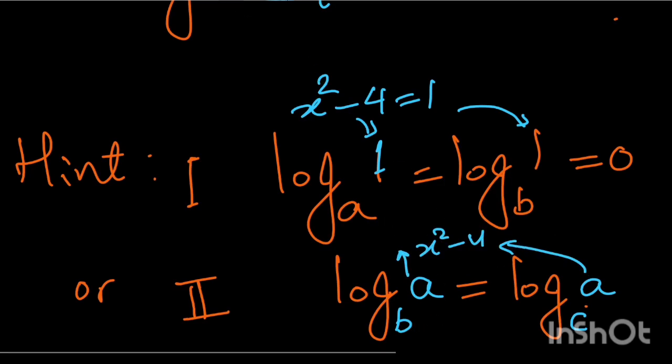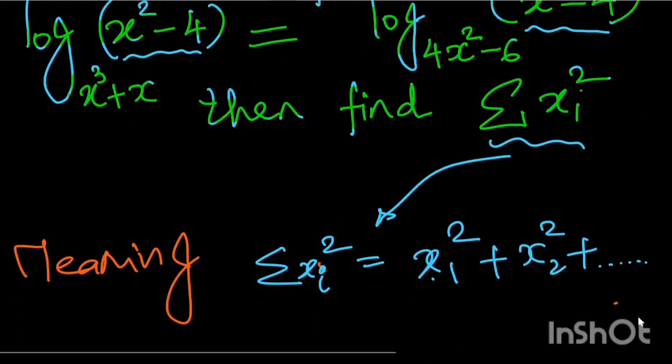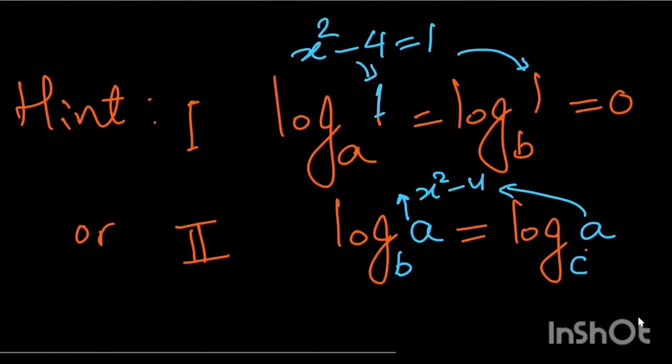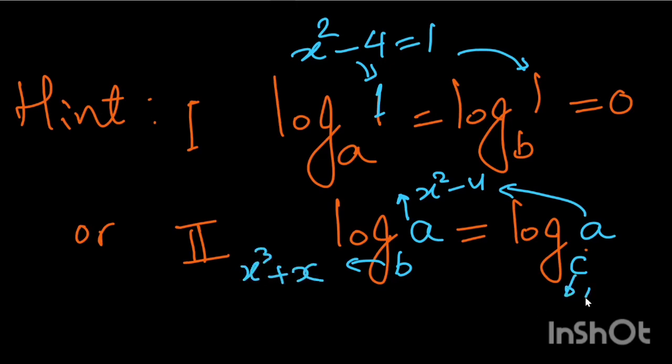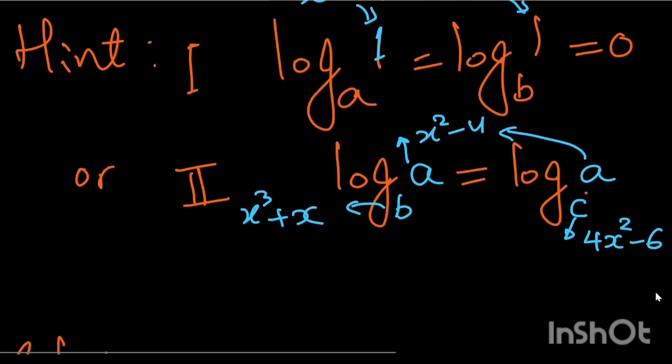Here the base is b, here the base is c. The base is x cube plus x here, and here the base is 4x square minus 6. So these two can be equal.